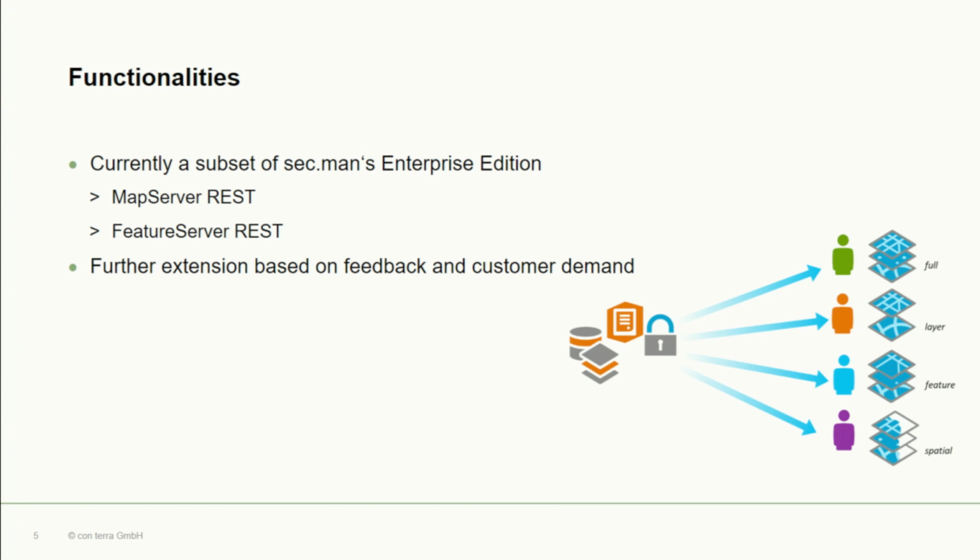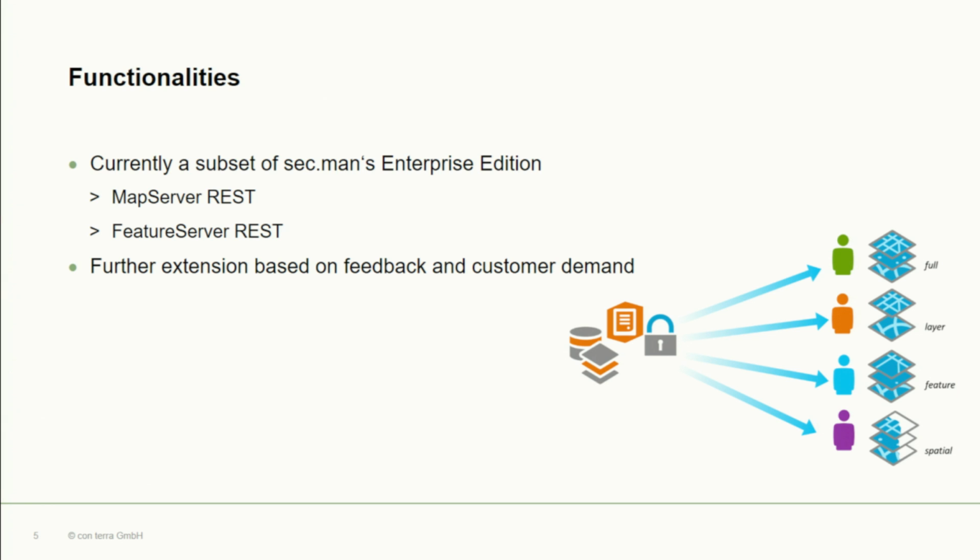In terms of functionalities, we are supporting feature server and map server REST endpoints. And in the future, we will listen quite carefully to what our customers are saying. What does it mean in terms of fine-grained access controls? You can control the access to certain layers for specific users, roles and groups, and you can also decide that for a specific feature.